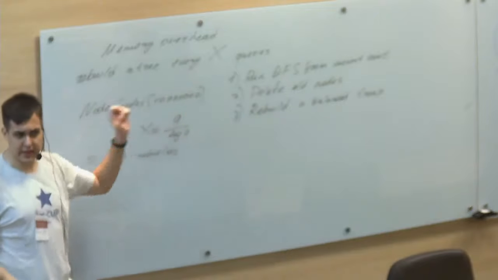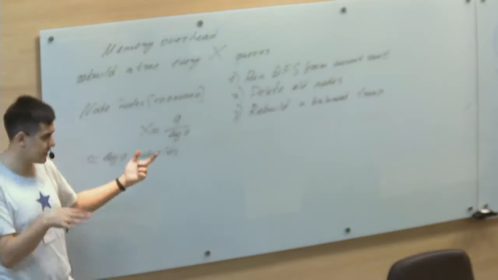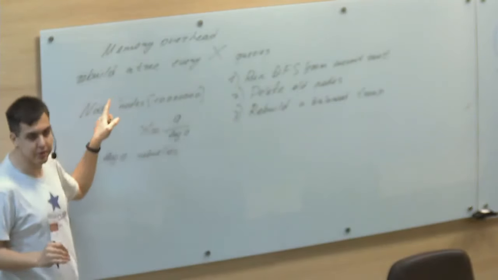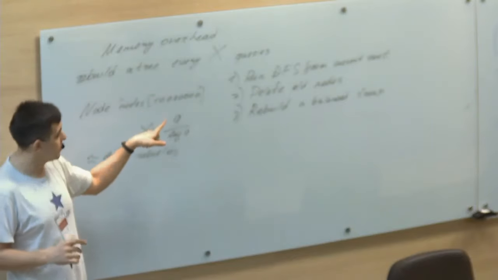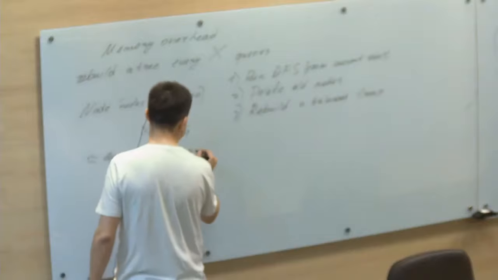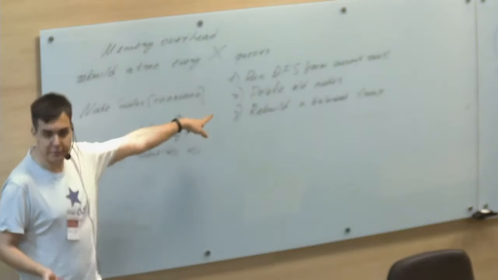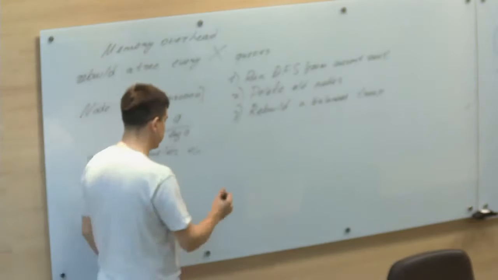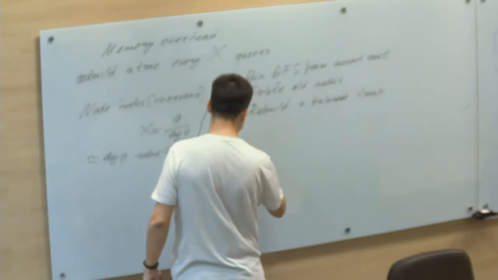Each one works in linear time. So we just run the DFS, then delete all nodes. This is done in constant time, and we rebuild. So the total time to rebuild all the trees is q log q.